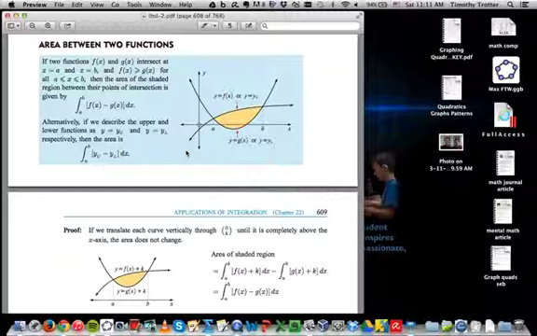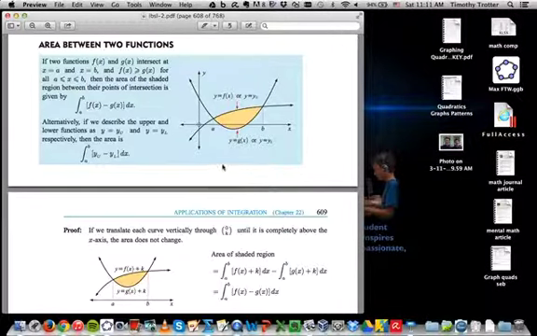Now, some of the issues that we may run up against is, what if some of the curve is above the axis and some of the curve is below the x-axis? Actually the integral just takes care of that for you. For example here, we have this function, that's the upper curve, and this lower curve, but this lower curve dips below the x-axis. What's going to happen if we want to find the area between these two? Do we have to do something kind of strange or funky?